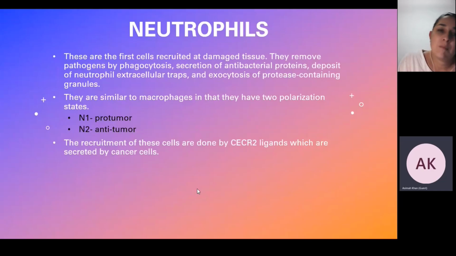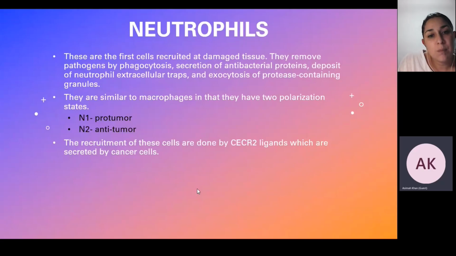Another type of innate immune system cells is the neutrophils. These are the first cells recruited by damaged tissue. They remove pathogens by phagocytosis, secretion of antibacterial proteins, deposits of neutrophil extracellular traps, and exocytosis of protease containing granules. They function similar to macrophages.